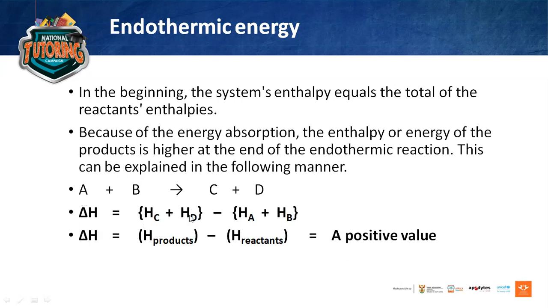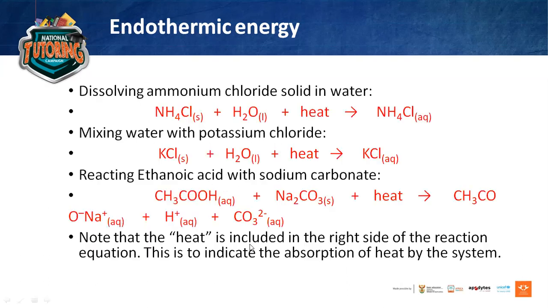So you add these two together, and those together, and you get the difference of the two. So the change in H will be the products minus the reactants, and this will give you a positive value because our products have a higher enthalpy than our reactants.